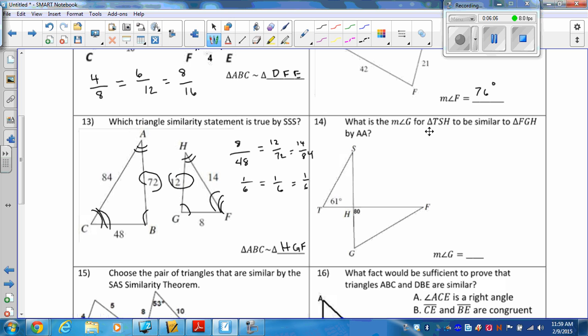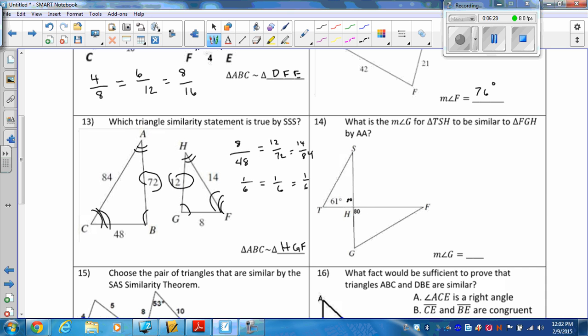What is the measure of angle G for triangle TSH to be similar to angle FGH by AA? So these two angles are vertical.